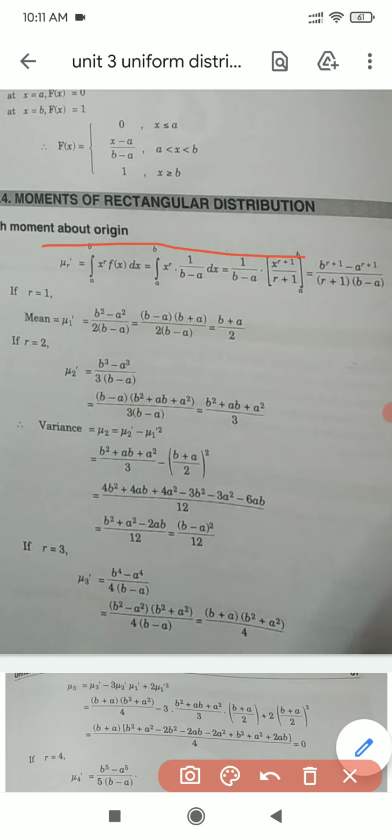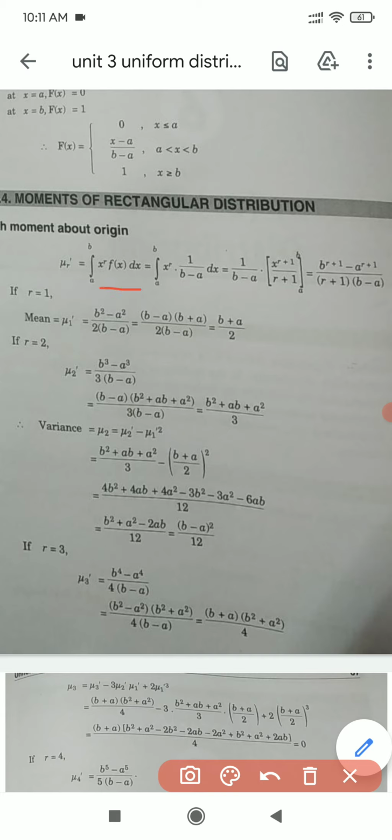It is mu r dash is equal to the integral of, as we have a rectangular distribution from a to b, integral a to b x power r into f of x dx.